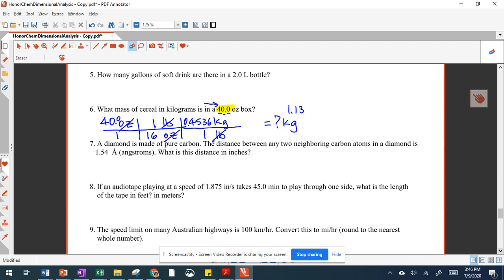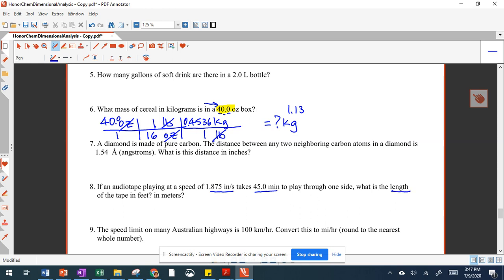Okay, on number 8, you'll notice here we have a speed of inches per second, and we have a time of 45 minutes. So we want to find the length, how long the tape is in feet.